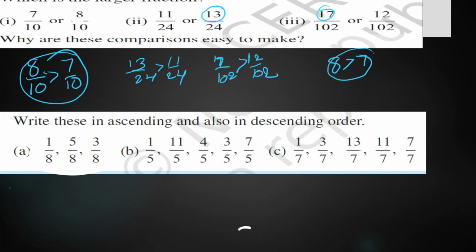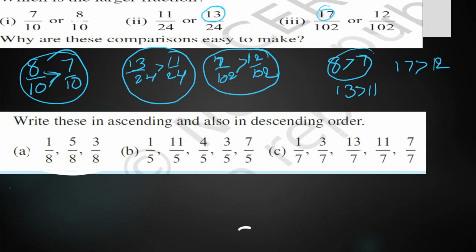Similarly here also, 13 is greater than 11, and we know that 17 is greater than 12. So 13 by 24 is greater than 11 by 24, and 17 by 102 is greater than 12 by 102. It is similar to natural number comparison, so it is very easy to make.